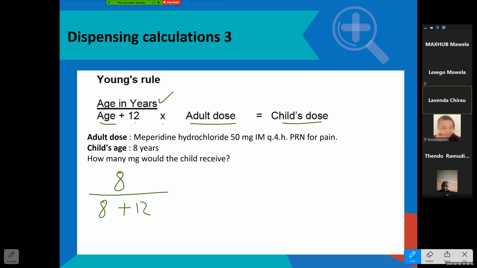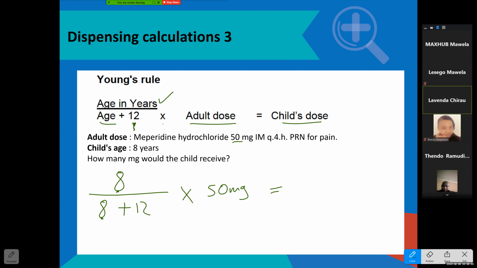This 12 is always given. The only thing you need to input is the age. And then you multiply by the adult dose, which was 50 milligrams, and that should give you the child's dose.